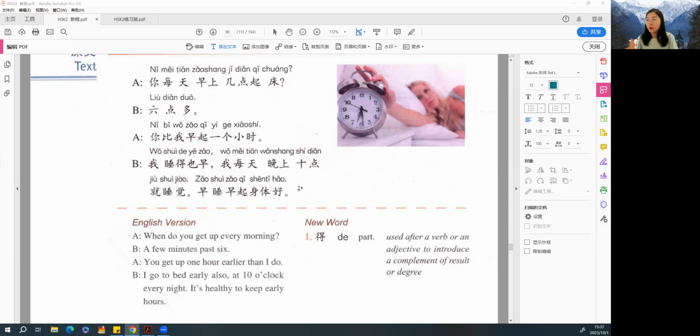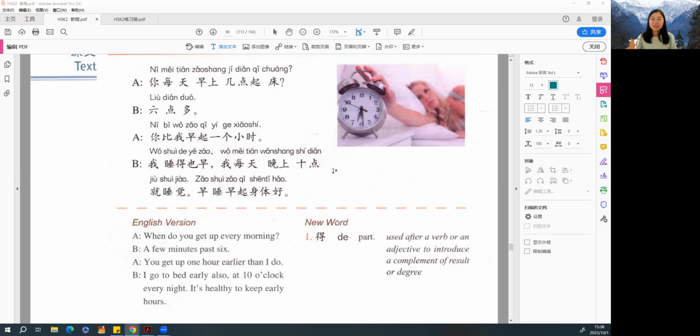Alright, so 我每天晚上10点就睡觉。我每天晚上, every night, right? 每天晚上10点, so 10 o'clock, 10点就睡觉。就 means I do it, I directly do it, I exactly do it, right? We've learned 就 in our previous lesson.